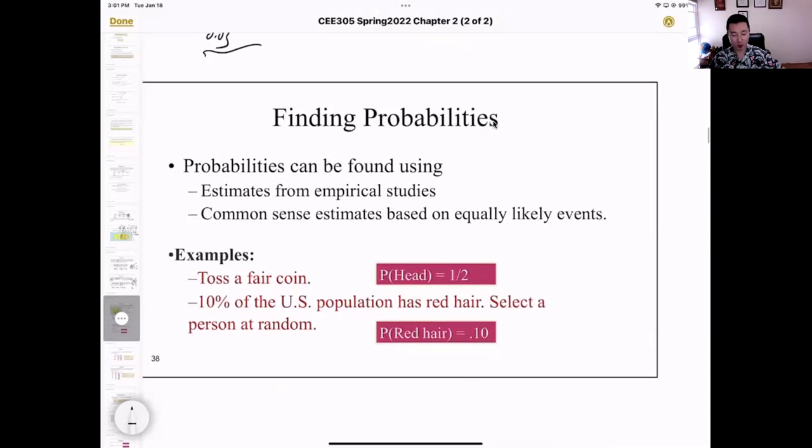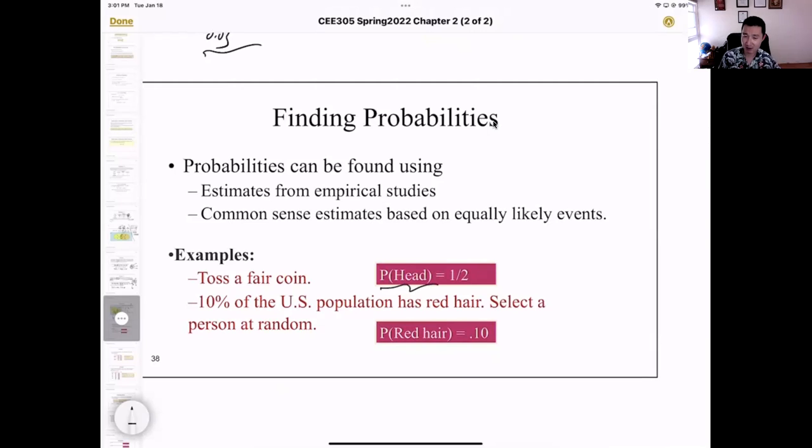So how can we find the probability? We can use empirical study, or we can use common sense to estimate based on equally likely events, like we just discussed. Toss the die, toss the coin. Everybody knows if it's a fair coin, the chance we have head is 50%.